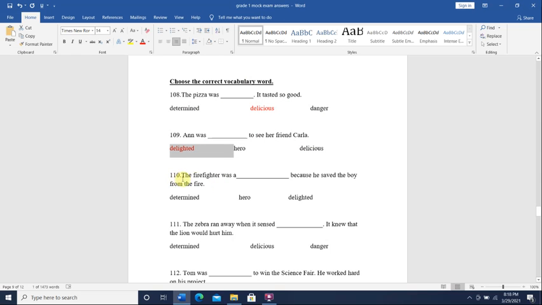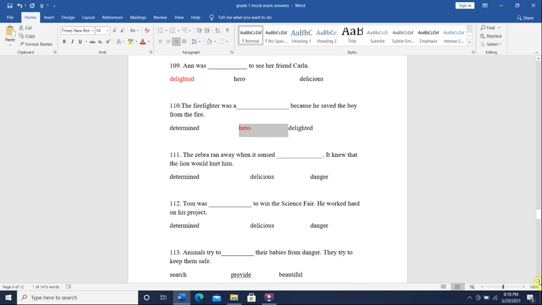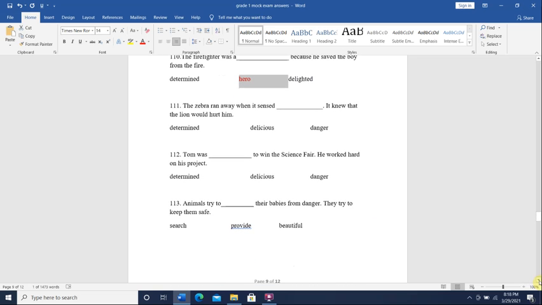Number 110. The firefighter was a blank because he saved the boy from the fire. The firefighter was a determined, or hero, or delighted. The firefighter was a hero. Okay, hero is a person who saves someone or does something good or does something brave. Okay, number 111, the zebra ran away when it sensed blank.